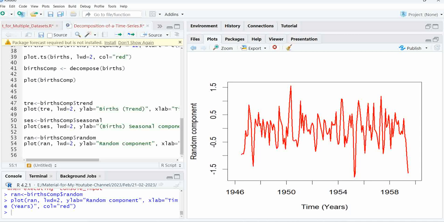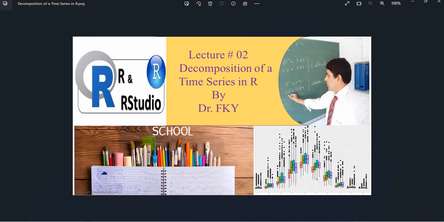So this is all about decomposition of a time series, the theoretical description, and then how we can do this in RStudio. I hope this helps you, and you can now do it for your own data, decompose the data into different components, and utilize important information for different purposes.